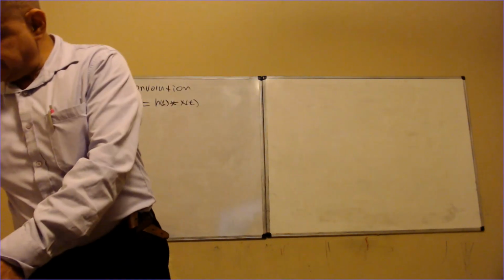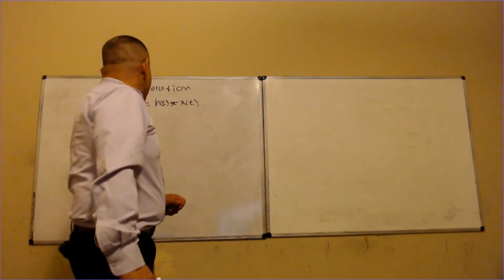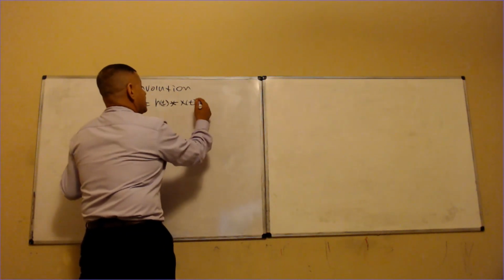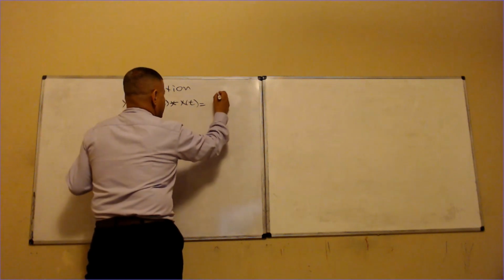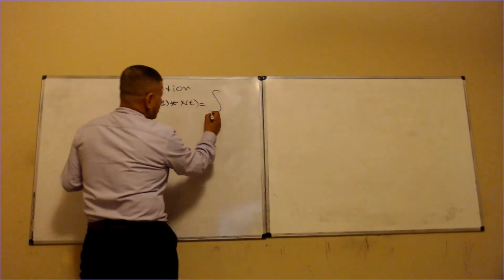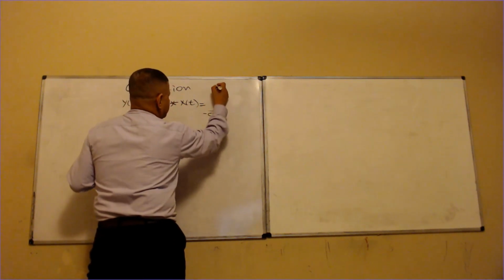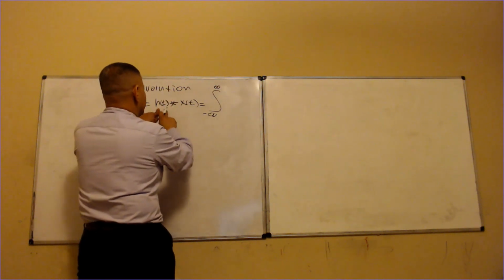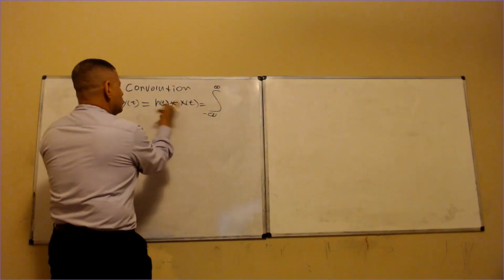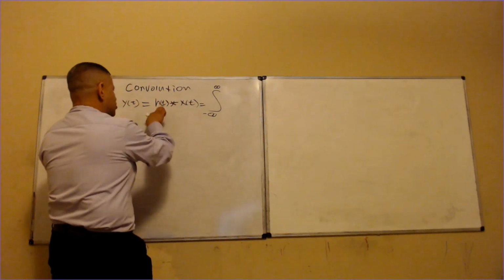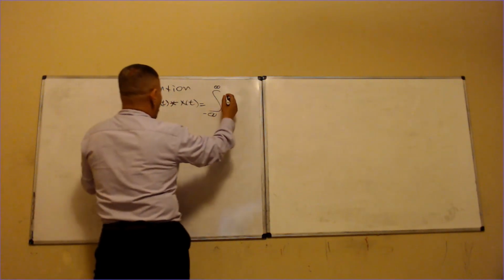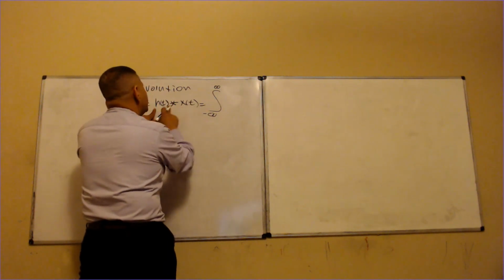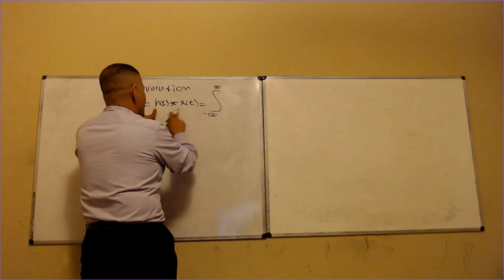What this is, is convoluted, but it can be written with the integral from negative infinity to positive infinity. And this can be switched, commutative. But one of these has to get a variable that is a dummy variable.